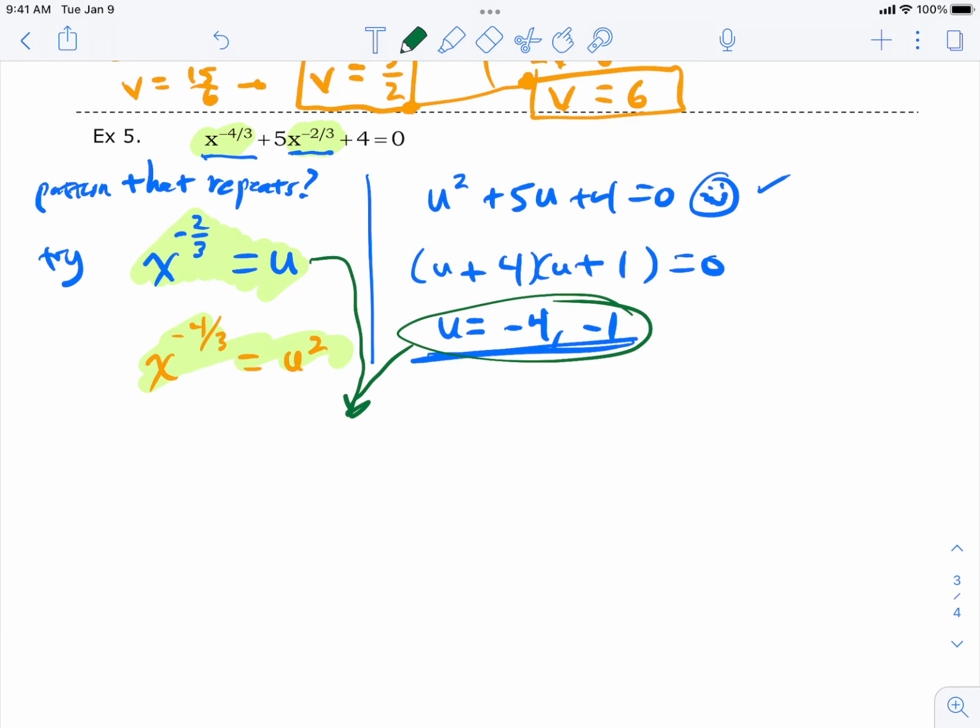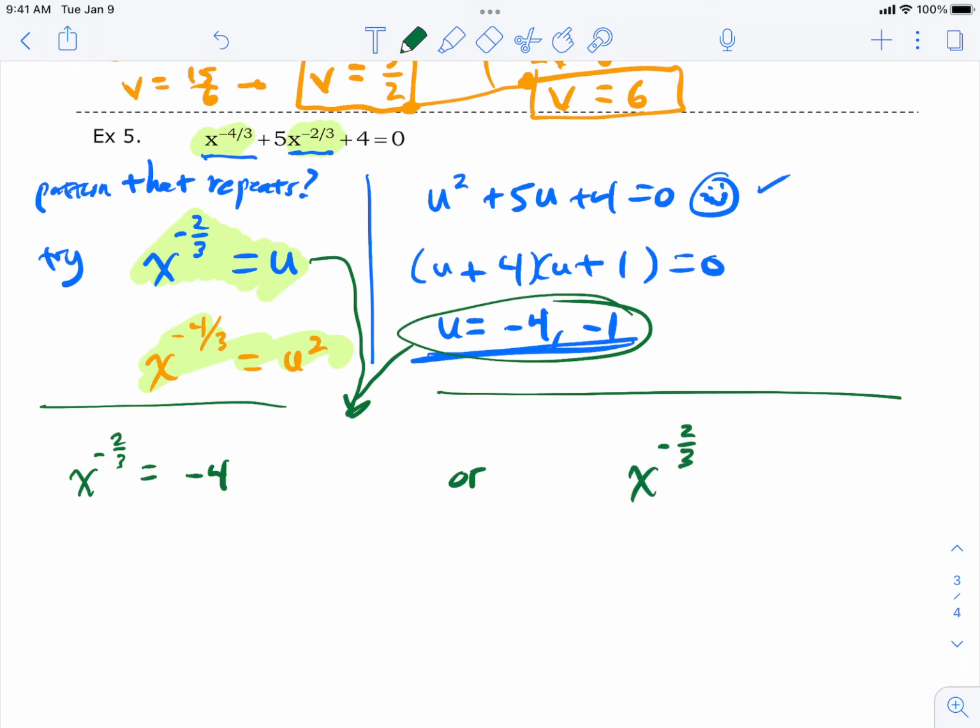There we go. So this x to the minus 2/3 could be equal to negative 4, or, and I'll do this way over here, this x to the minus 2/3 could be equal to negative 1. Question now is how we solve these things.